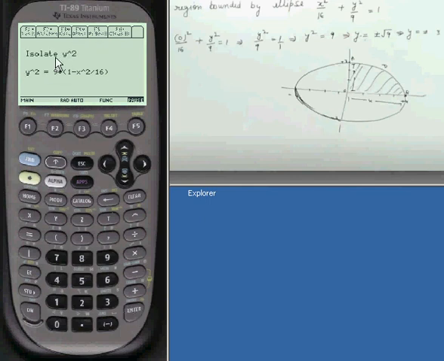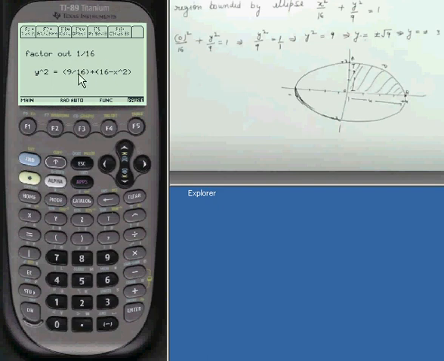We're going to isolate y squared first, which is 9 times (1 minus x squared over 16). They do a common denominator, and we have 16 over 16, which is the 1, and then minus x squared over 16. They're setting this up so that you can do a special trig substitution, and I'll show you that as we get down here.